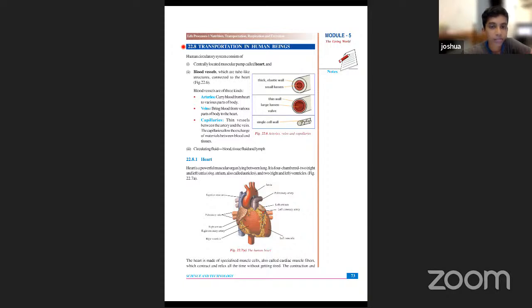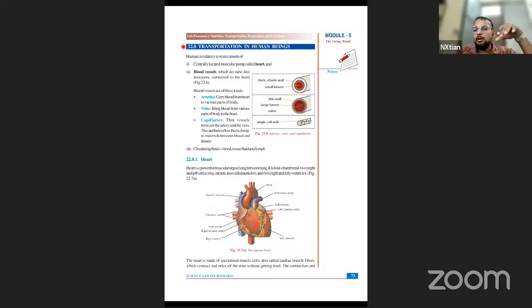Arteries carry the blood from the heart to various parts of the body. Veins bring blood from various parts of the body to the heart. Capillaries are thin vessels between the artery and the vein. The capillaries allow the exchange of materials between blood and tissues. Circulating fluid: blood, tissue fluid, and lymph.